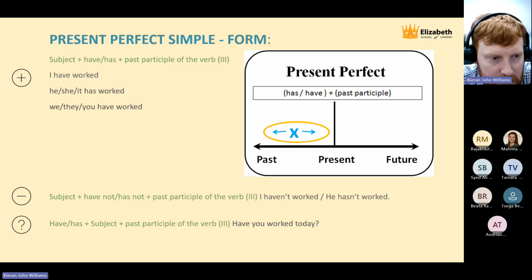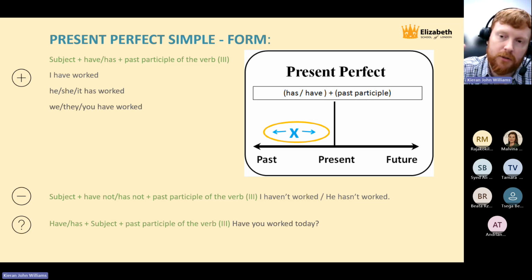Okay. So your subject, then have or has. So I have, he, she, it has, we, they, you have, plus the past participle of the verb. So that's if it's in positive. In the negative, you just drop in not in the middle. I have not. Or if you want to make it smaller, haven't, or has not, hasn't.